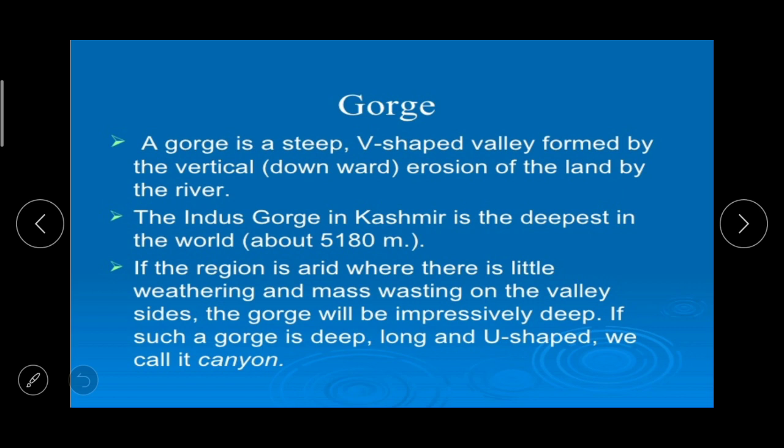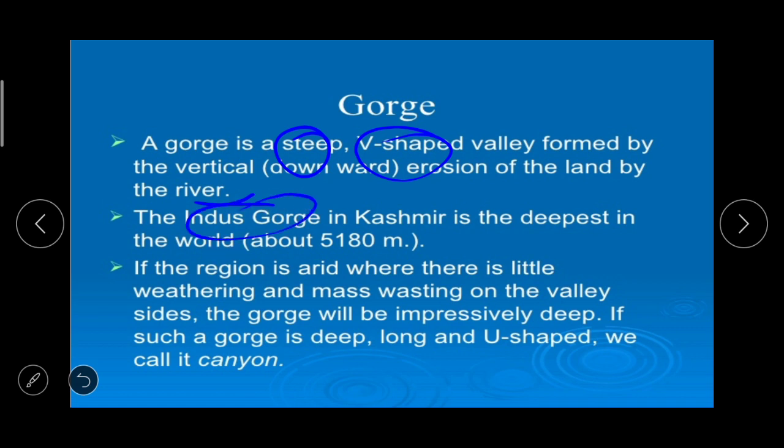And the next one, that is gorge. A gorge is a steep V-shaped valley formed by the vertical erosion of the land by the river. The Indus Gorge in Kashmir is the deepest in the world.